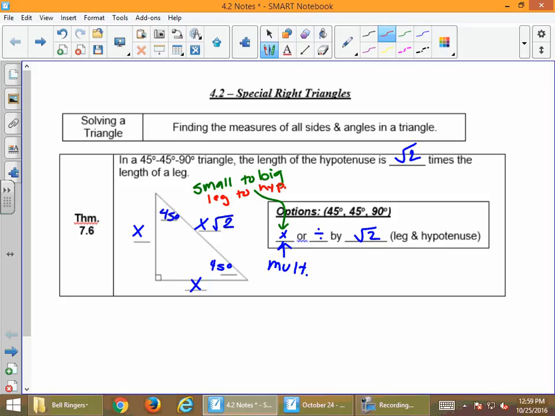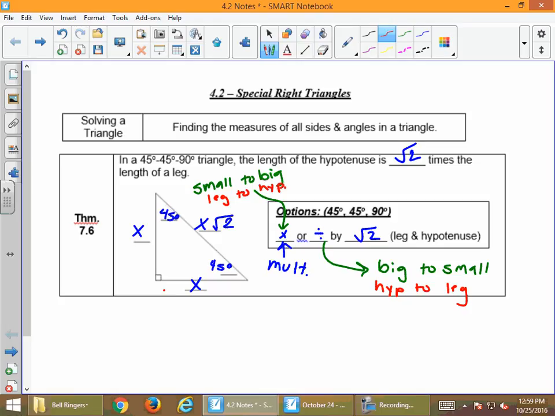If you're going from the hypotenuse to a leg, so if you're going from big to small, you're going to divide, because dividing makes it smaller. So again, when you're going from the hypotenuse to the leg, you'll divide by radical 2.